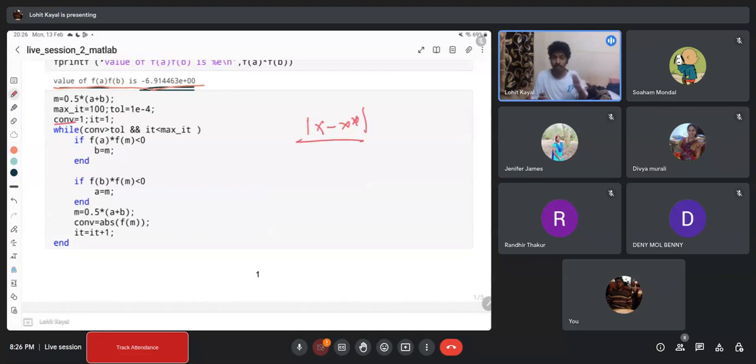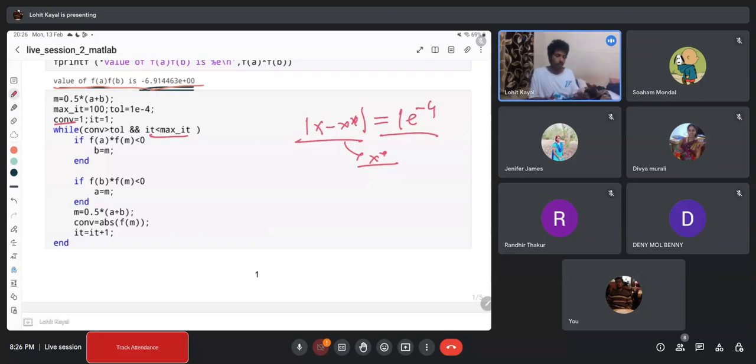Suppose I am taking an initial guess; I don't know at the end the error will be 1e minus 4, but at the beginning I do not know what x star is. So at the beginning I am guessing that my initial error is 1. You will see how it proceeds. And it is less than maximum iteration. So here my maximum iteration is 100.